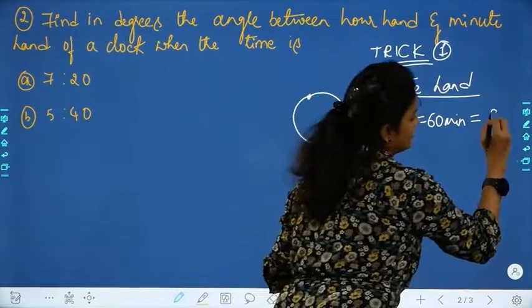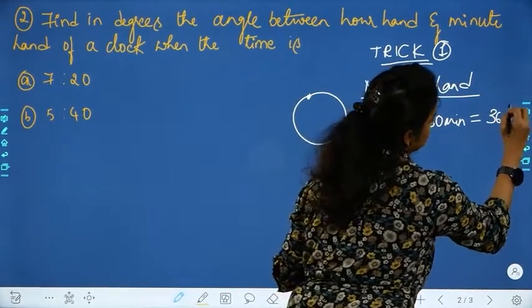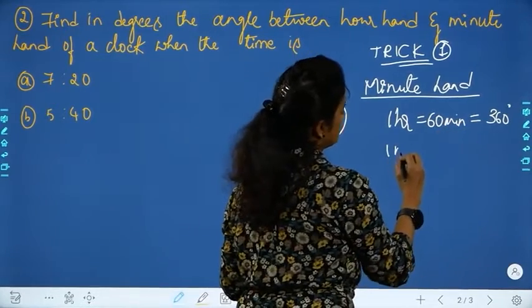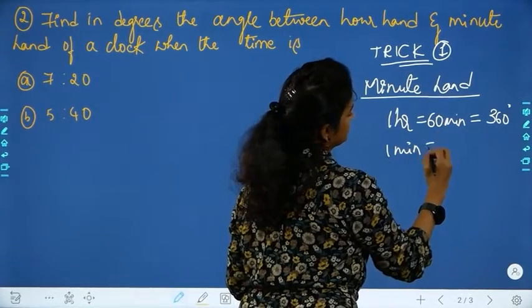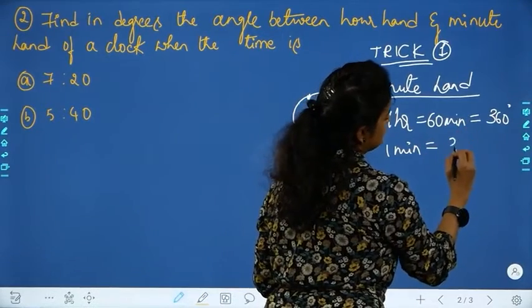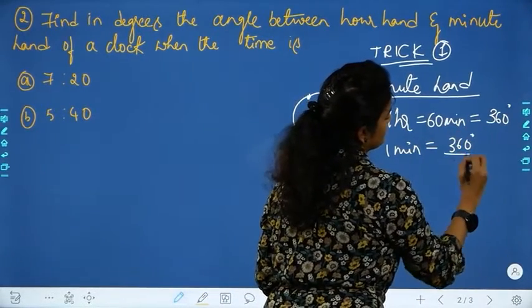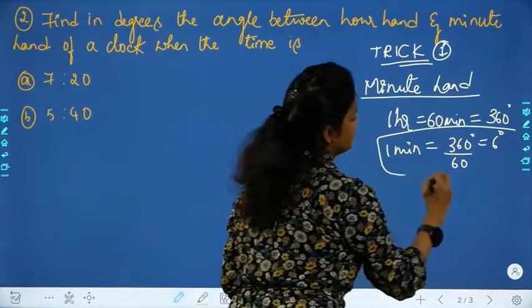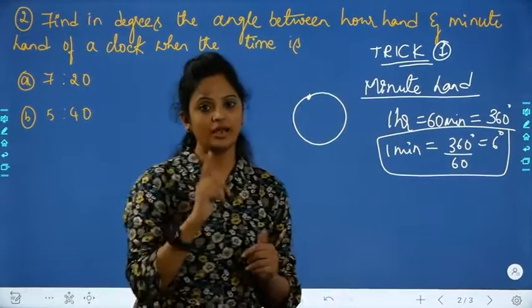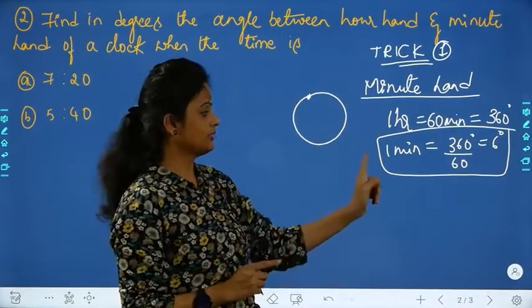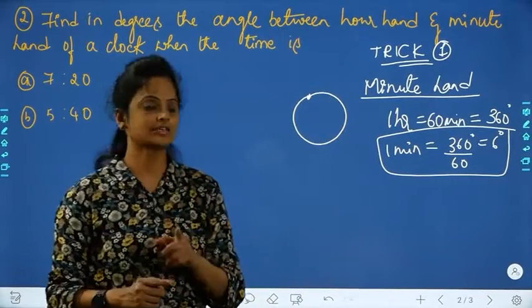So degree will be 360 degree. From this I'll get one relation. For 1 minute, how much do I get? 1 minute I get 360 by 60. So I'll get 6 degrees. This one you have to remember. For 1 minute, minute hand will make 6 degrees.